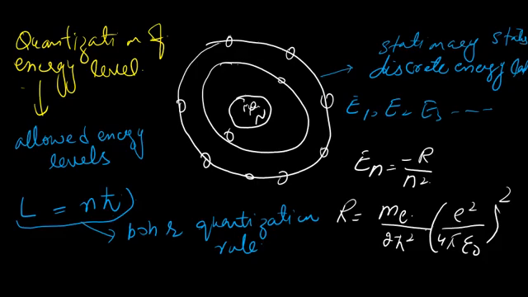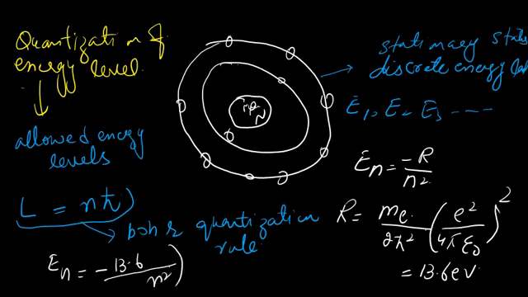Its value is almost 13.6 electron volt. So we can write E_n as minus 13.6 divided by n squared. Here n represents the energy level, n equals 1, 2, 3 and so on.